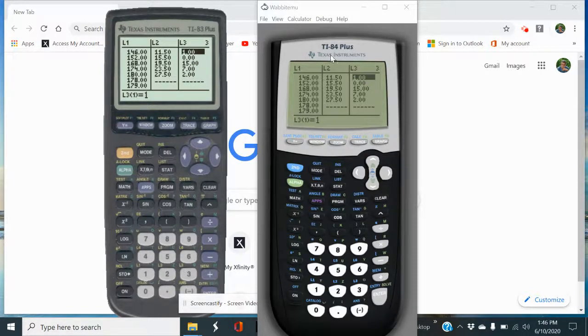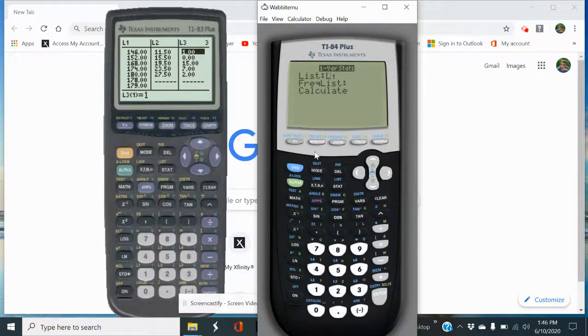All right, so I want to find the mean of my frequency distribution, and I'll show you where you would find the standard deviation. I want to go to stat again, over to calculate. This is the only menu we use, one variable stat. Where are my midpoints? The midpoints are the first list that I entered.